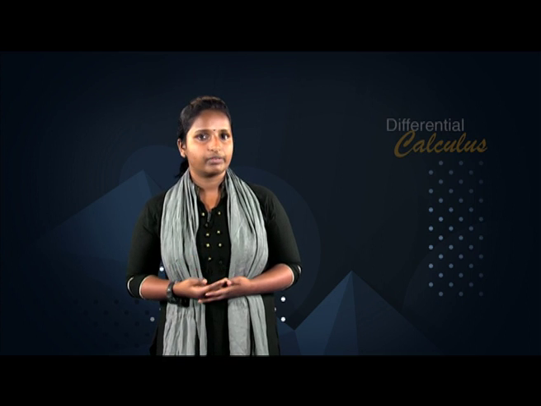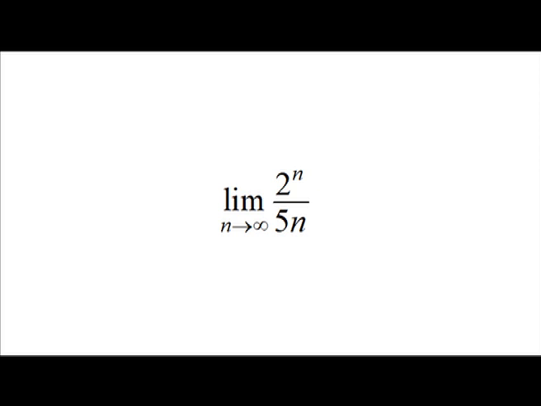Working method. When we use L'Hopital's rule to find the limit of a sequence, we often treat n as a continuous real variable and differentiate directly with respect to n. This saves us from having to rewrite the formula for u_n as we did in the previous example. We find the limit of 2 power n upon 5n as n approaches infinity as follows.